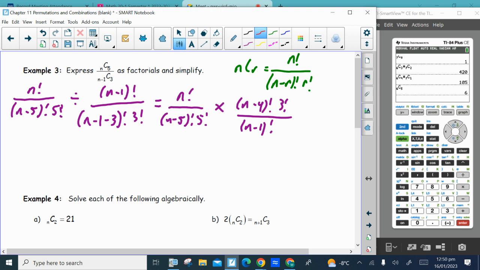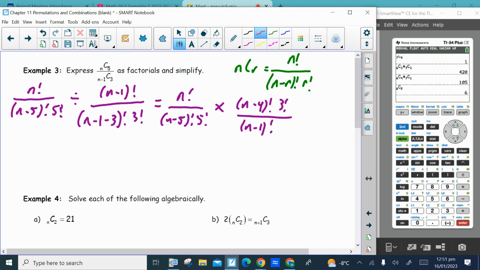All right, so if I can get factors that are the same on the top and the bottom, either directly on top of each other or diagonally across from each other, we can cancel. So we need to get some factors that are the same on both the top and the bottom. If I take this n factorial and expand it, the next term after that would be n minus 1, and the denominator on the other side is n minus 1 factorial.